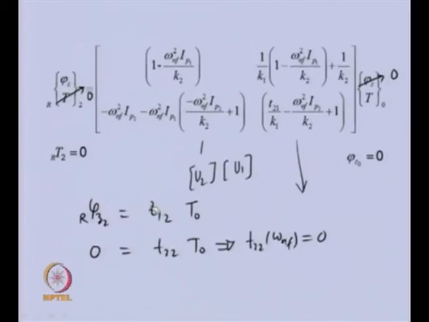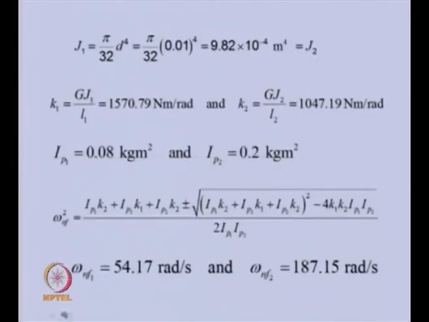So if we want to obtain the displacement for a particular frequency, we can substitute that frequency here. That means we know all the field variables here. Once we know the field variable at one station, using various transfer matrices we can get the field variable at any other intermediate location, and that is what we are doing here.